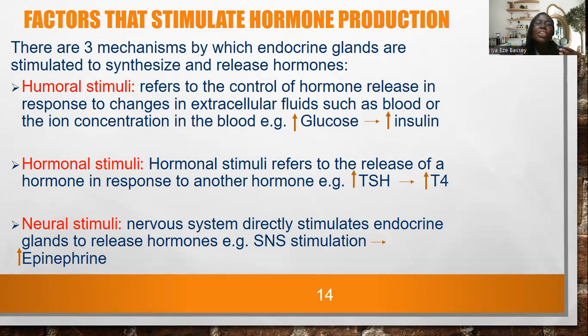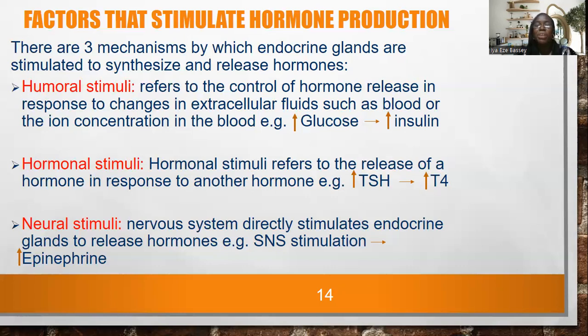So the humoral stimuli has to deal with hormone release in response to changes in things like your extracellular fluids, like changes in blood glucose level, changes in ion concentration level, like sodium level, potassium level, and all that.